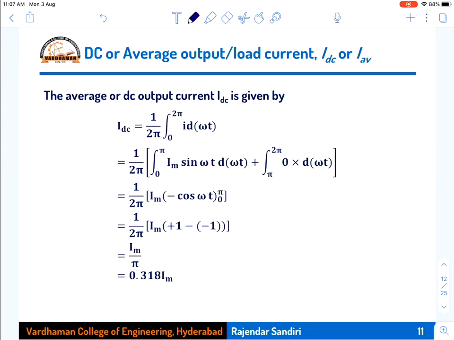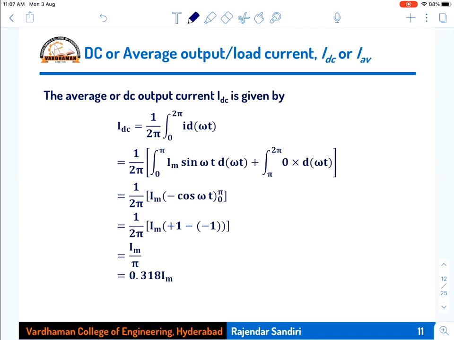So the average is nothing but the calculation of area under one cycle of the curve. One full cycle is 0 to 2 pi. So if you take 0 to 2 pi, then the average current will be 1 by 2 pi integral 0 to 2 pi I d omega t.